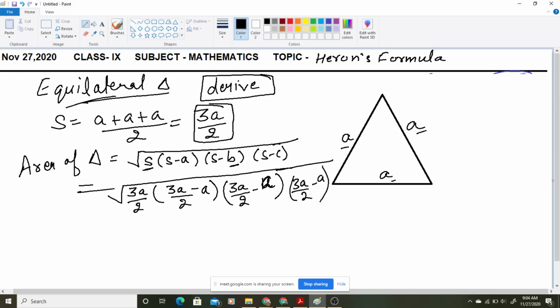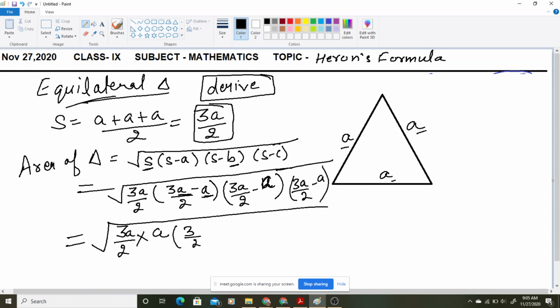So if you calculate, just see the calculation carefully. We are having this 3A by 2 multiplied by these 2A. Can we take A common? Can we write it as A times 3 by 2 minus 1? Can I write this thing like this?